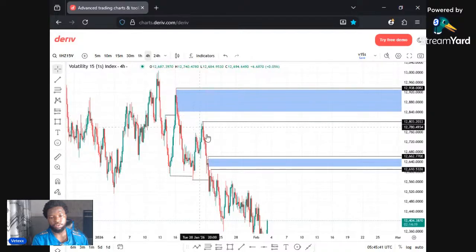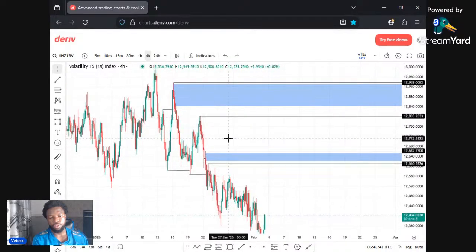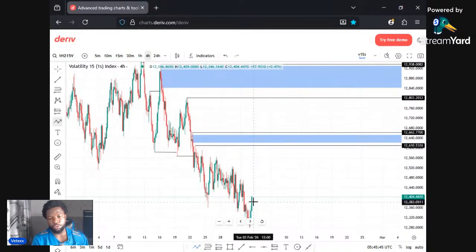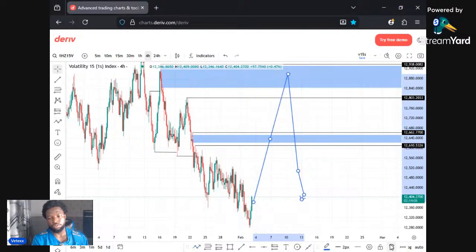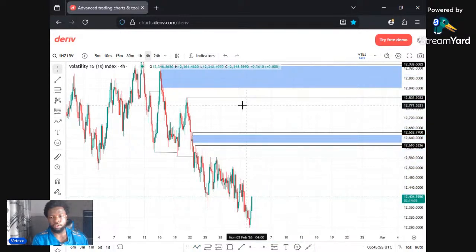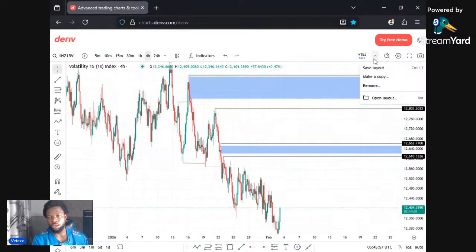This structural liquidity is for continuation. So if price respects this place, we start looking for continuation to the downside. And if it doesn't, and we come here, we start looking for continuation to the downside. Easy, easy, lemon squeezy.